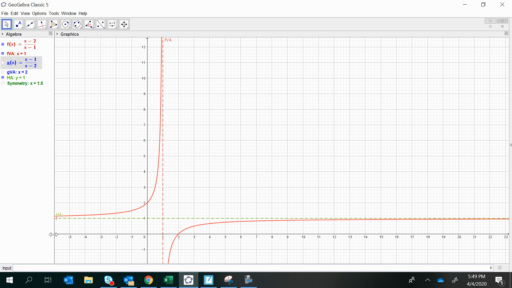For the red function, as x approaches its vertical asymptote, my function values, the y values, are moving towards positive infinity. And if my x values start going back towards negative infinity, away from the vertical asymptote, then what is my function doing as that happens? My function is getting closer and closer to the horizontal asymptote and then leveling out, because it can't cross that horizontal asymptote.